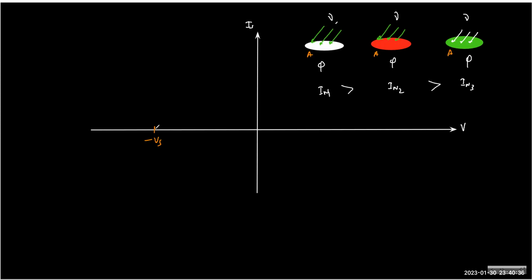So here the graph will start from one place. Not exactly like this. So these are the famous graphs that one should be aware of.